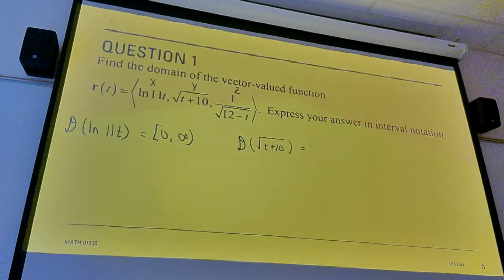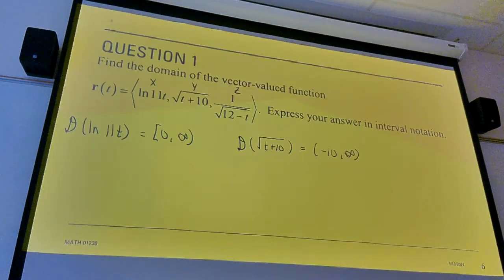Domain of the square root of t plus 10. Open bracket, negative 10 to infinity. That?